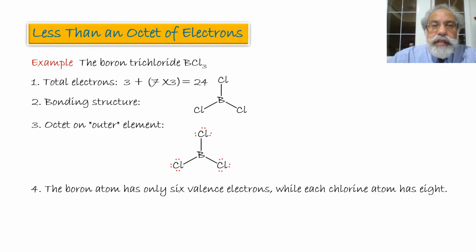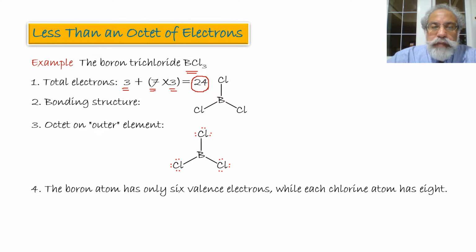Another example, less than octet electrons, central element in a molecule with less than 8 electrons, like boron trichloride. Boron in the outer shell, 3 electrons, and for the chlorine we have 7 electrons times 3, so a total of 24.